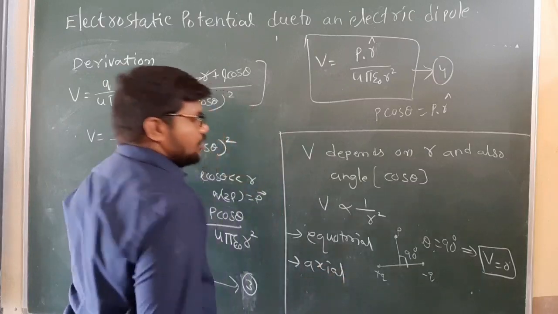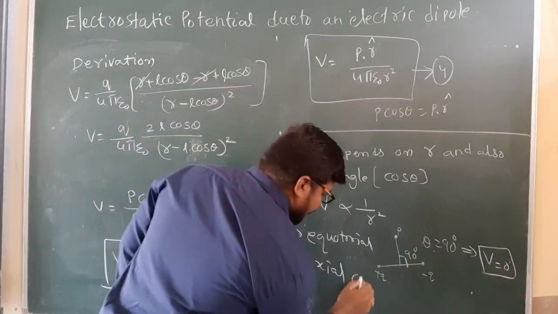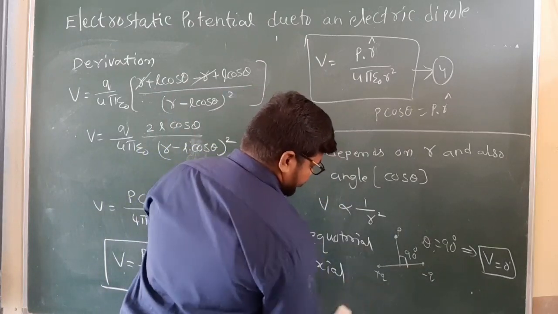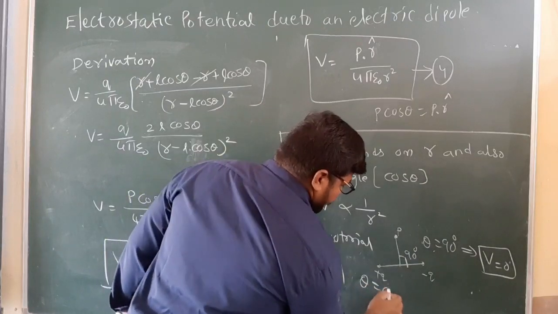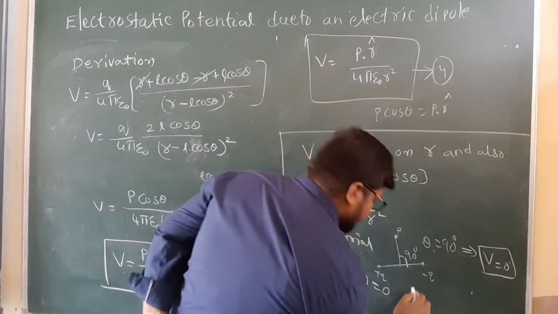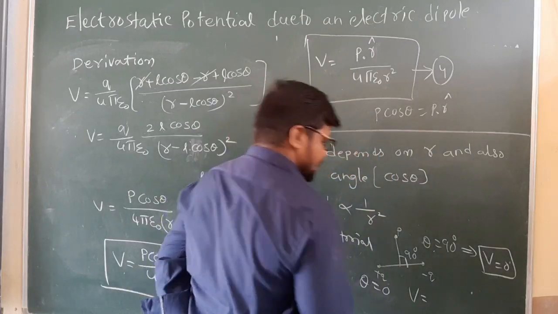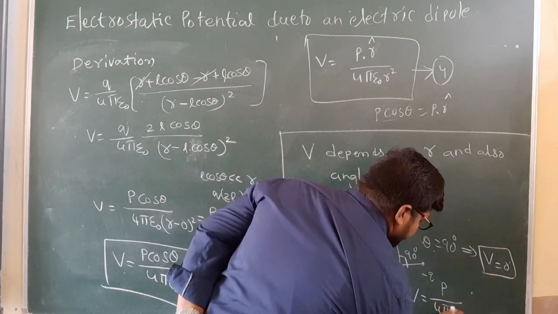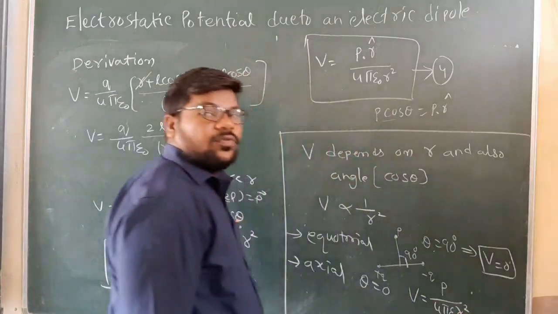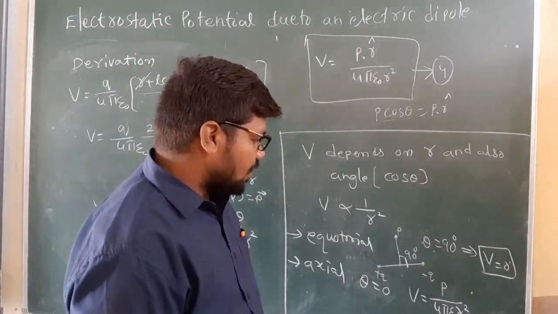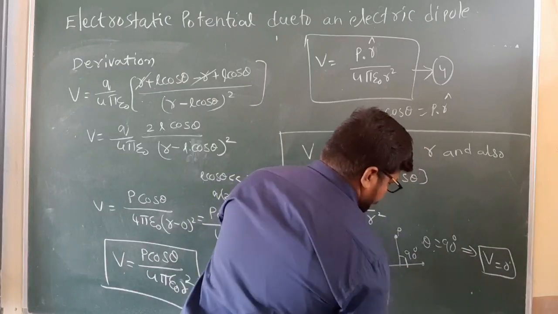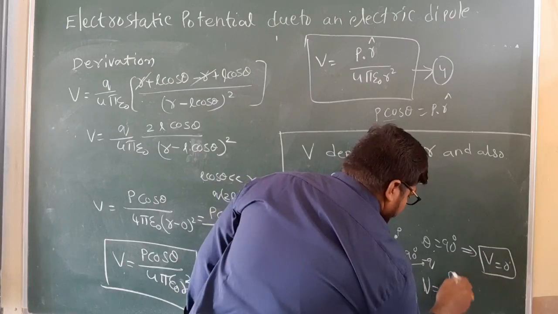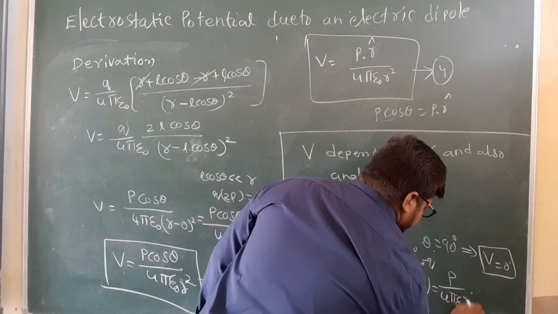Then the axial point, electrostatic potential along the axial line. Theta value is 0 (or 180). Then V is maximum, that is equal to P by 4 pi epsilon naught r squared. Is it clear?